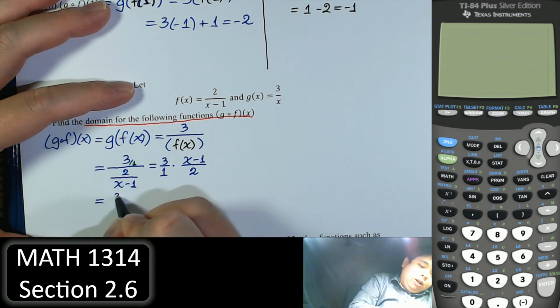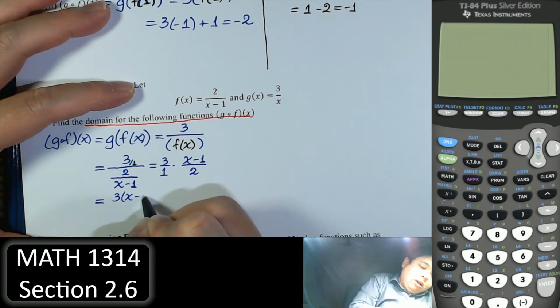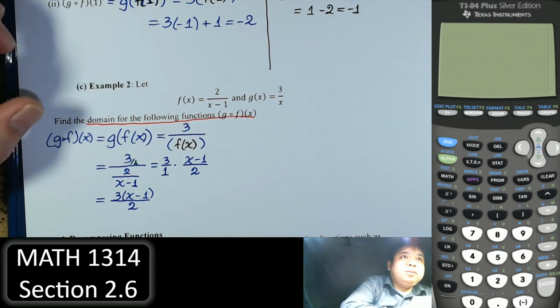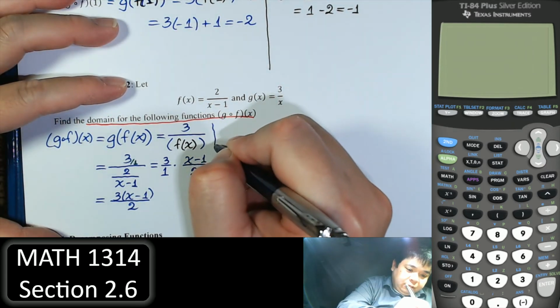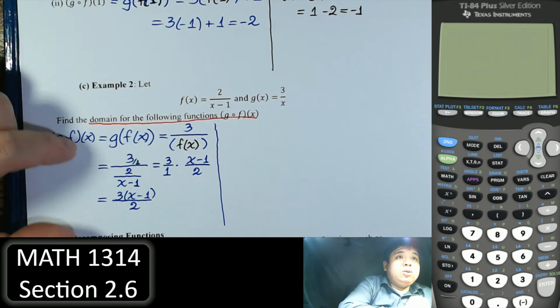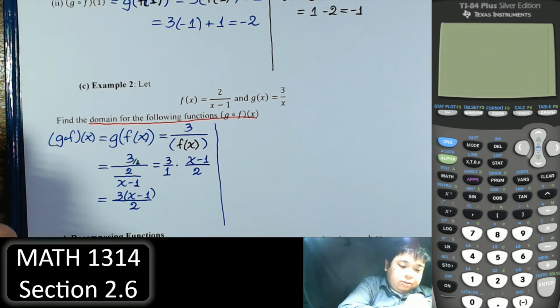So we have 3 times x minus 1 divided by 2. Right? So that is the composition.